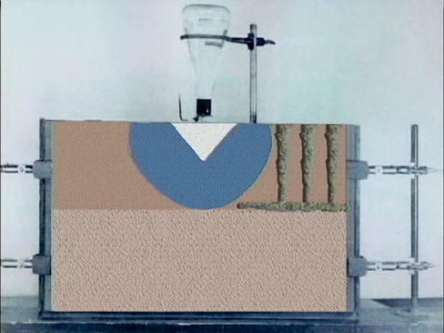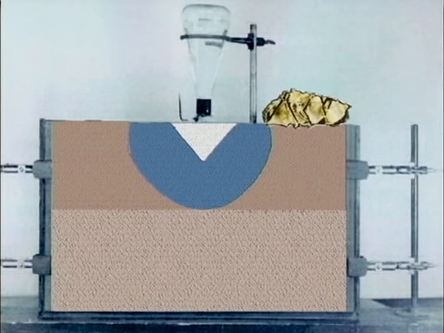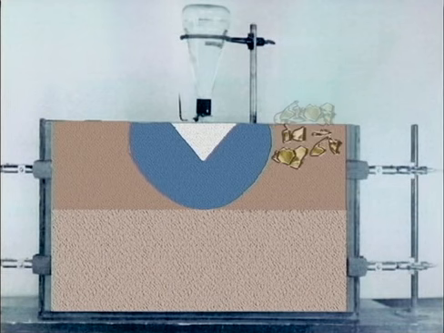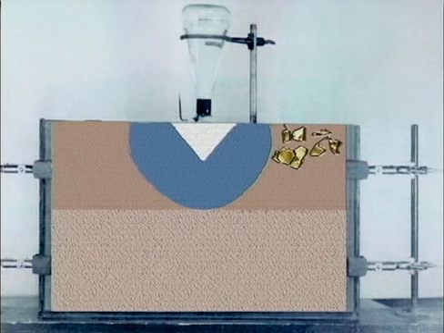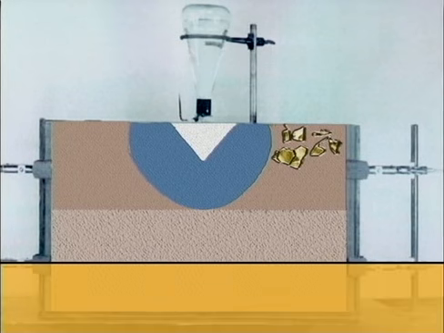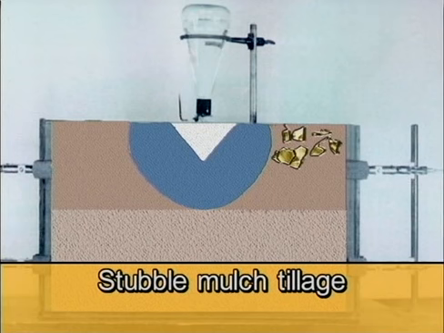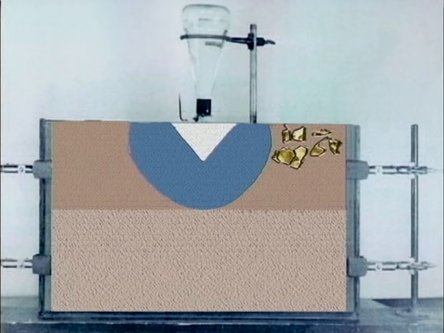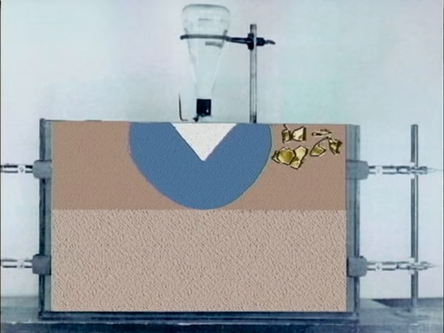Most of the time we're going to take that residue, straw from a grain crop or whatever it might be, chop that material up and incorporate it into the soil surface in some manner. This is often referred to as a stubble mulch type of tillage. When we do that, we are taking larger size organic particles of straw or residue, breaking them up and incorporating them within the top section of the soil profile.